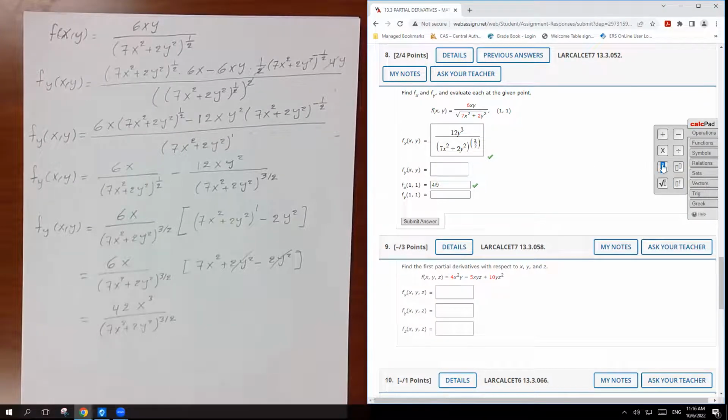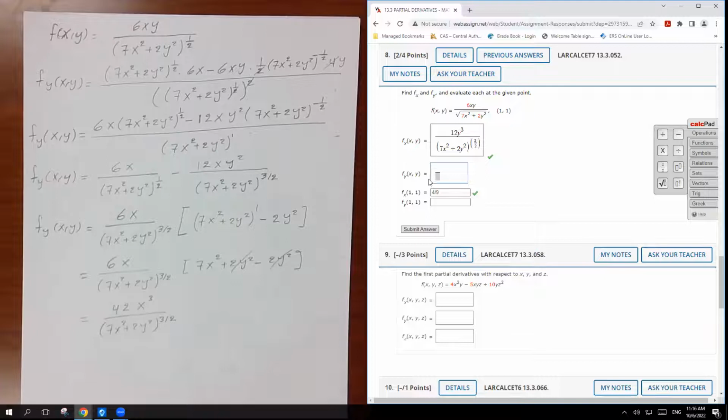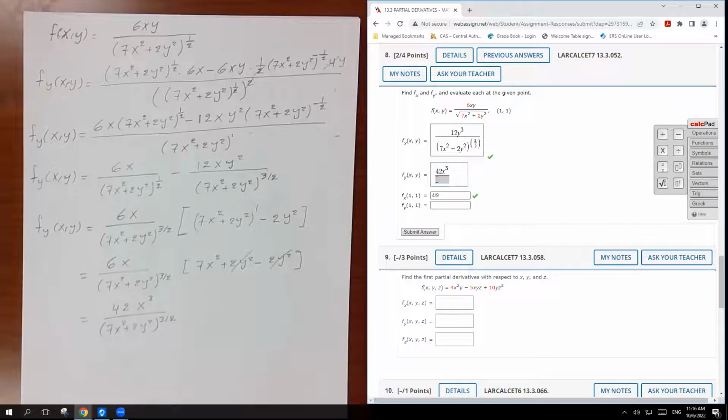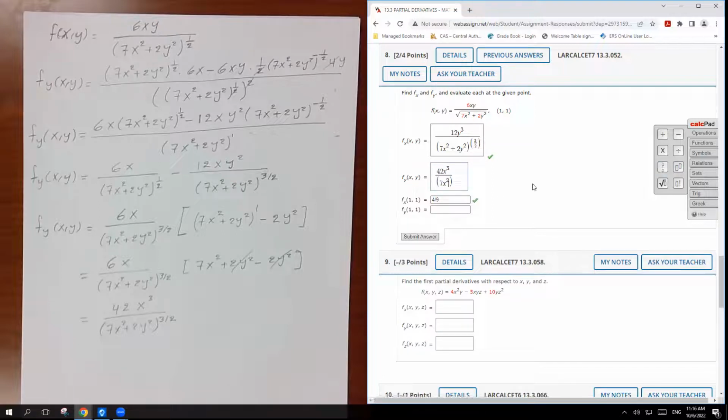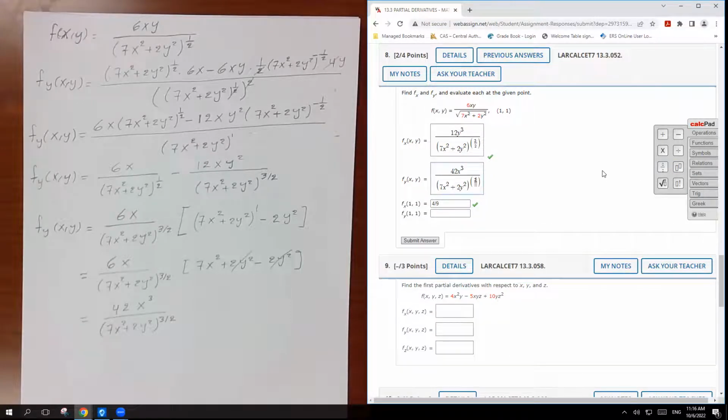So the first thing, I'm talking about here, it's 42x cubed over, we're going to open parentheses, 7x squared plus 2y squared, and everything to the exponent 3 over 2. And let's check this one.